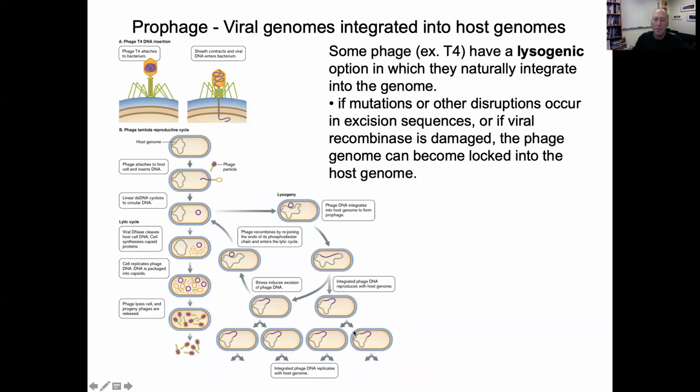So you see remnants of viral genes there, but sometimes that viral genome is carrying pieces of other DNA from recombination, for example. That is actually remarkably common. I don't think we've ever sequenced a bacterial genome, certainly not an E. coli genome, that didn't have multiple prophage inserted into it.